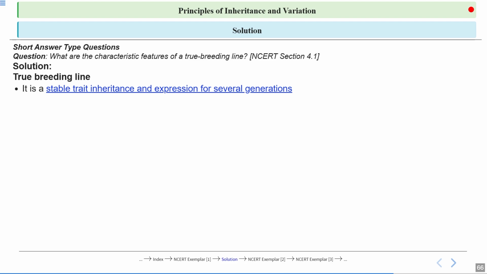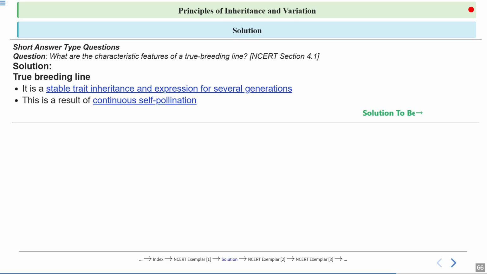It means traits are passed on stably from one generation to the next. The traits are maintained in the next generation as well. They are not lost. So the offspring will also have the same traits as that of the parents. Pure breeding lines or true breeding lines show stable trait inheritance. They are produced due to continuous self-pollination.